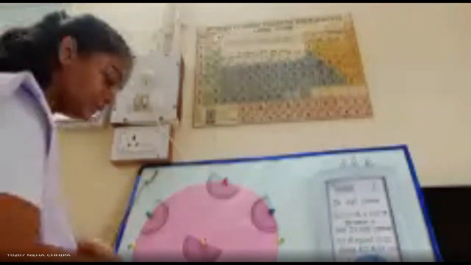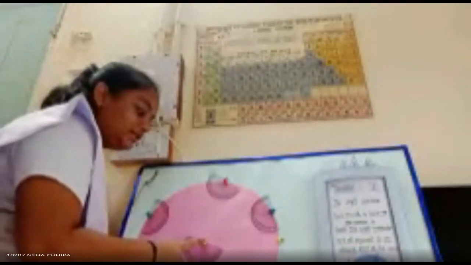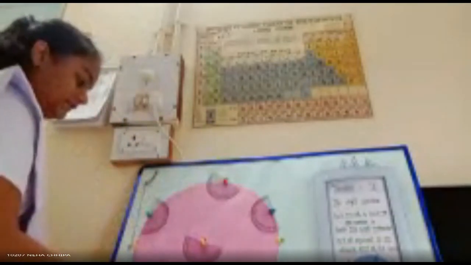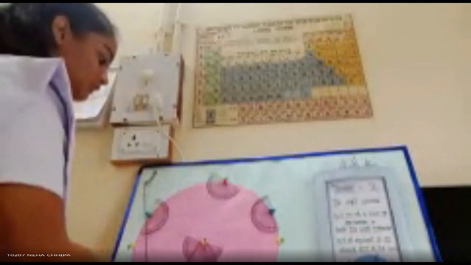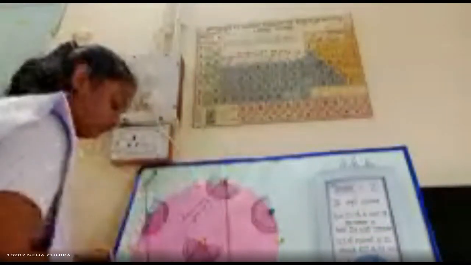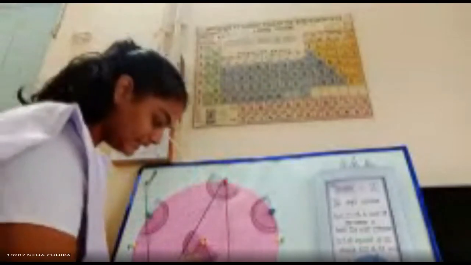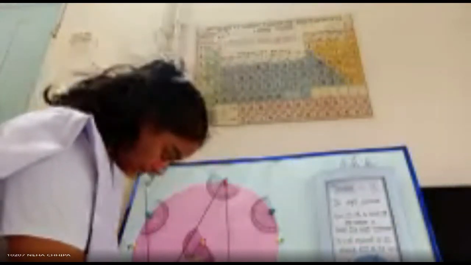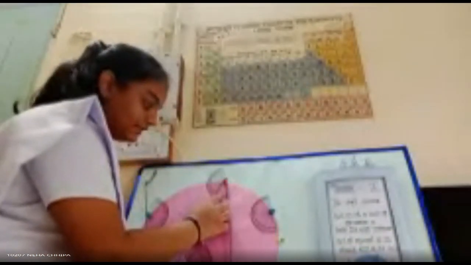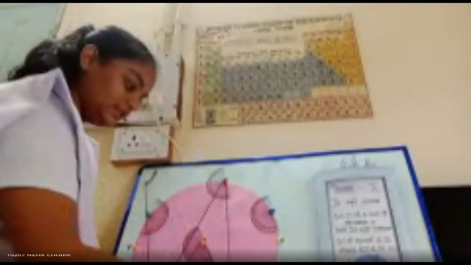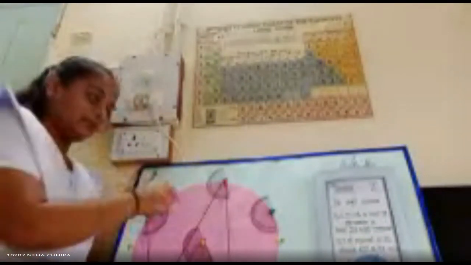For this, I will use arc ED, center point O and the point A. Here, the angle subtended by arc ED at the center is 60 degrees and at the remaining part of the circle is 30 degrees. So the angle subtended by arc ED at the center is double the angle subtended by arc ED at the remaining part of the circle.